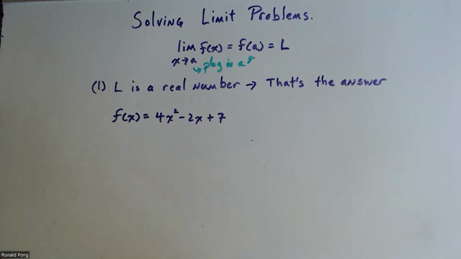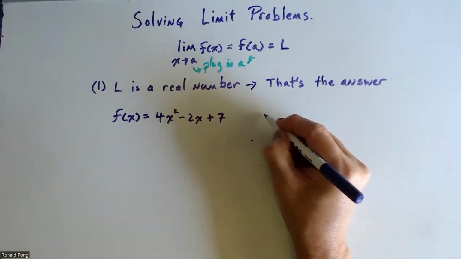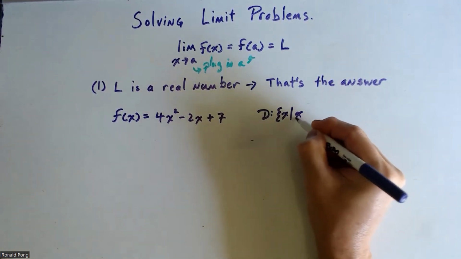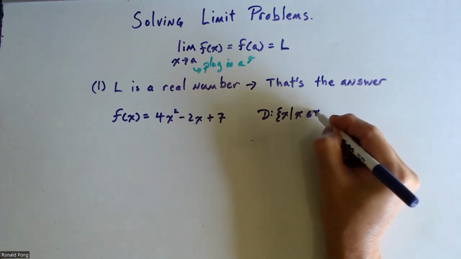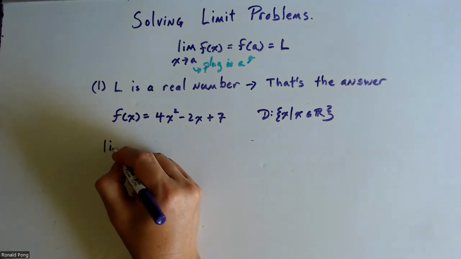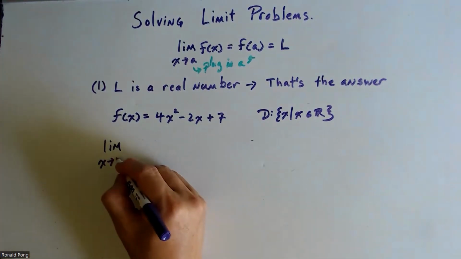In general, polynomials, well, not in general, polynomials simply do not have domain issues. The domain of x for any polynomial is going to be all real numbers. Let's write that.